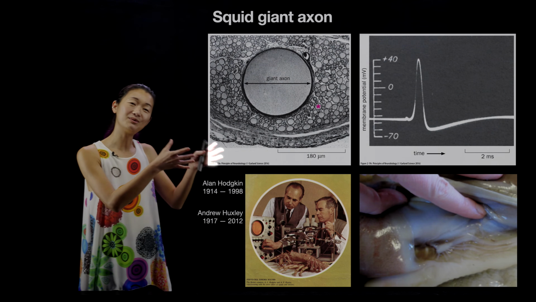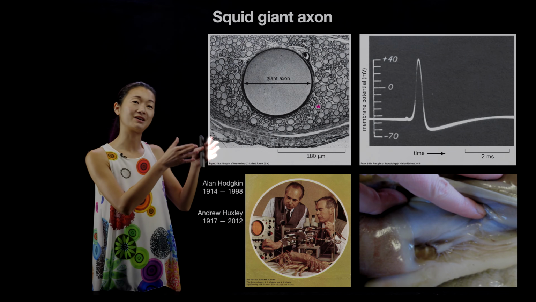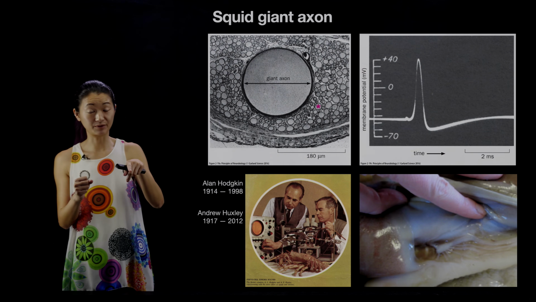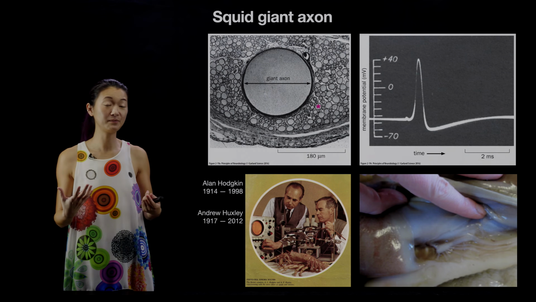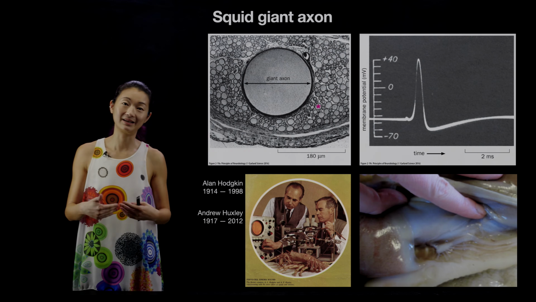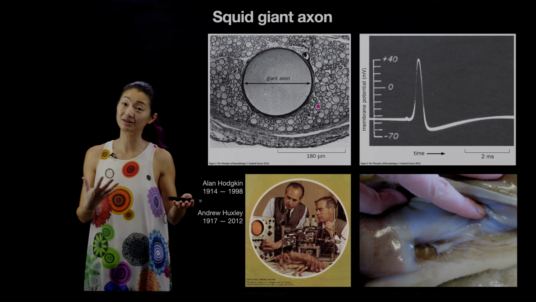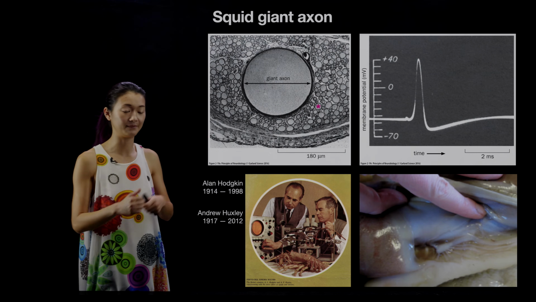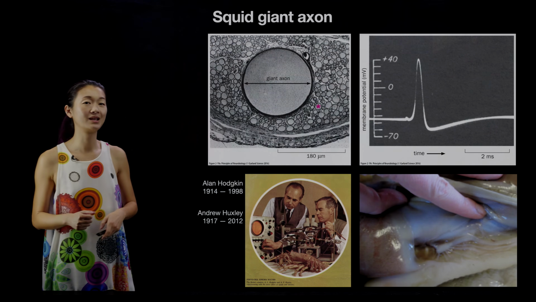They were able to do this because the squid giant axon is so big that they could actually get a small thin wire through. Now, we can do a lot better because we are no longer limited by having to get a wire inside of the cell. There are different techniques that I'm about to tell you about so that we can do this without actually having to thread a wire inside the cell.